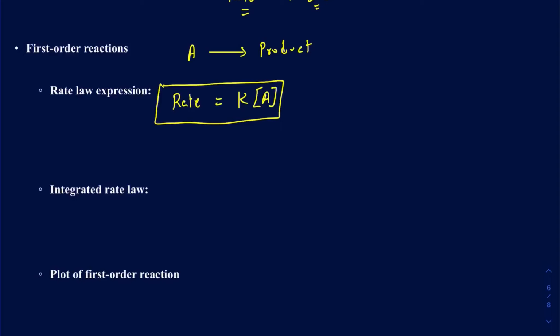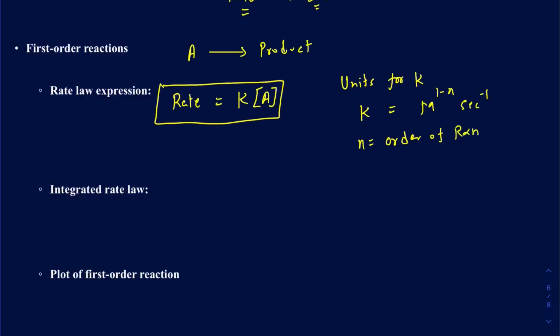In addition to that, you also want to be able to figure out what's going to be the units for K. When you're trying to figure out the units for K, there is a simple formula that you can always use. I will go ahead and write that down. It's going to be molarity to the 1 minus n, second inverse, where n is your order of the reaction.